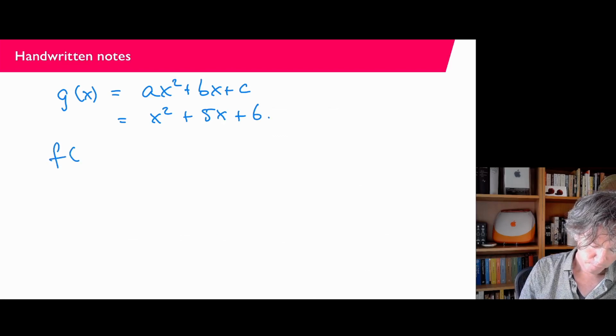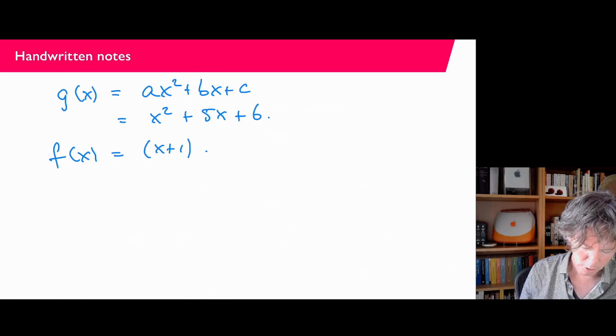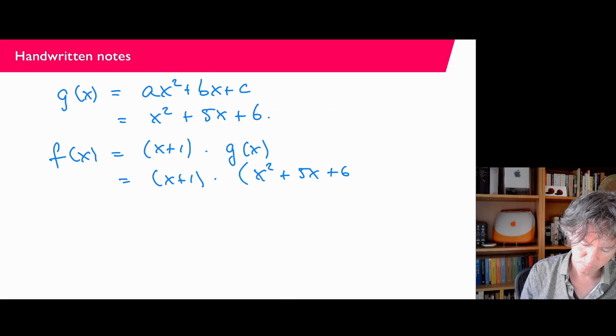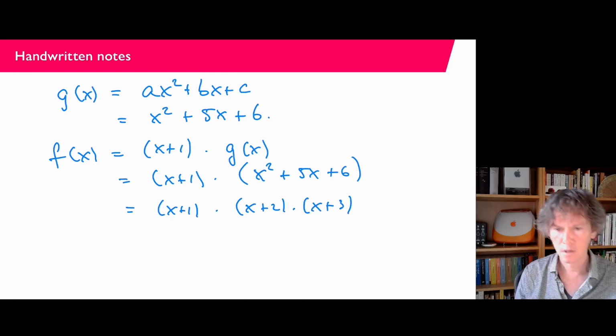And then f of x equals x plus 1 times g of x, which is x plus 1 times x squared plus 5x plus 6, which is x plus 1 times x plus 2 times x plus 3.